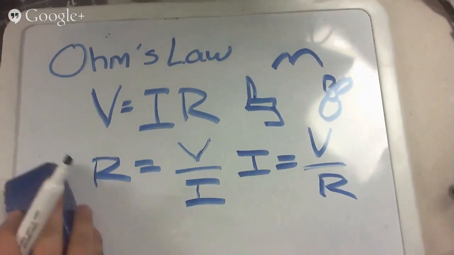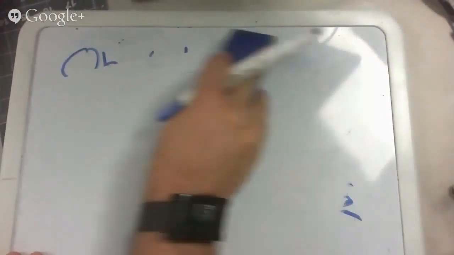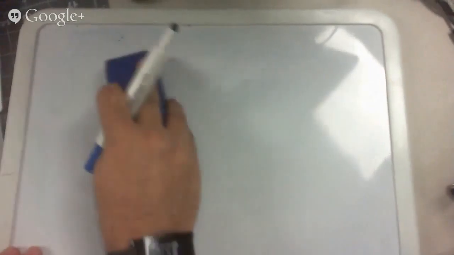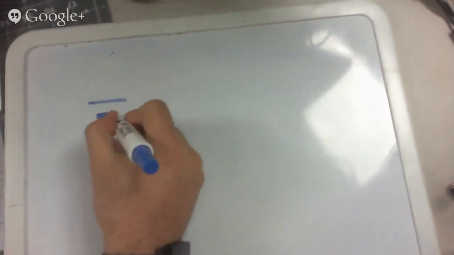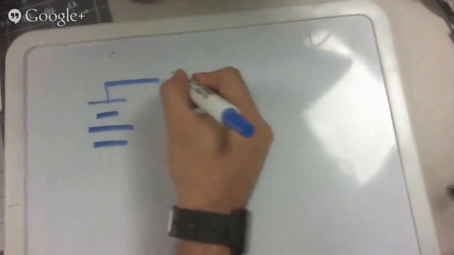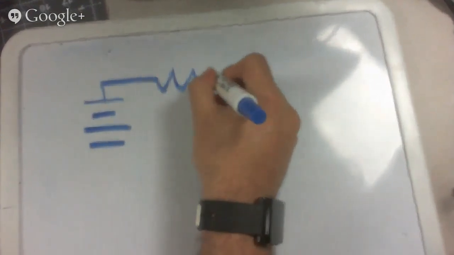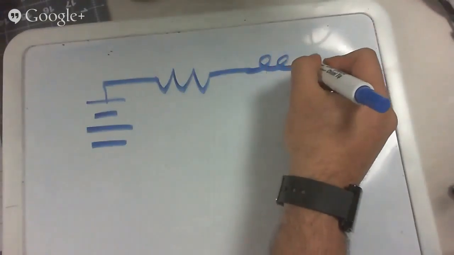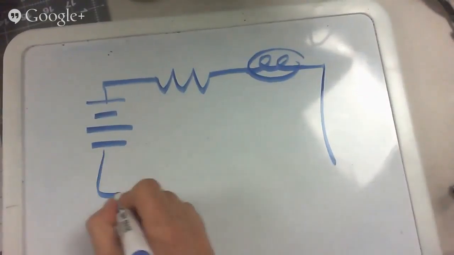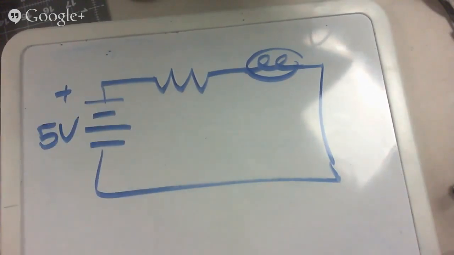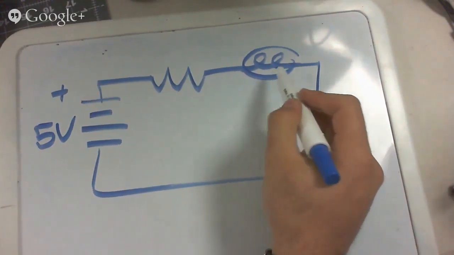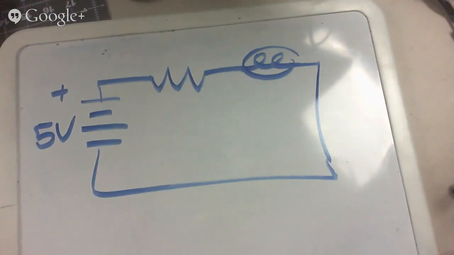So, going back to our battery and our light bulb dilemma. Again, I would know that I've got a 5-volt source. I would go look at the spec sheet, the data sheet of my component.